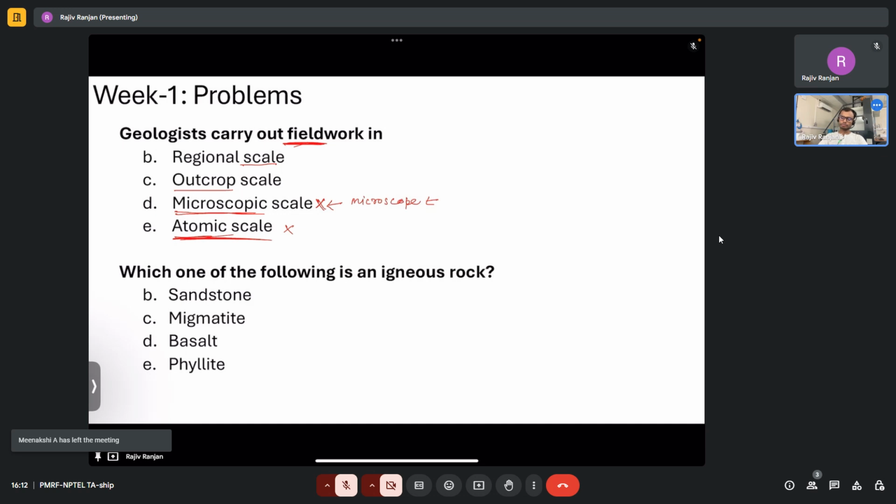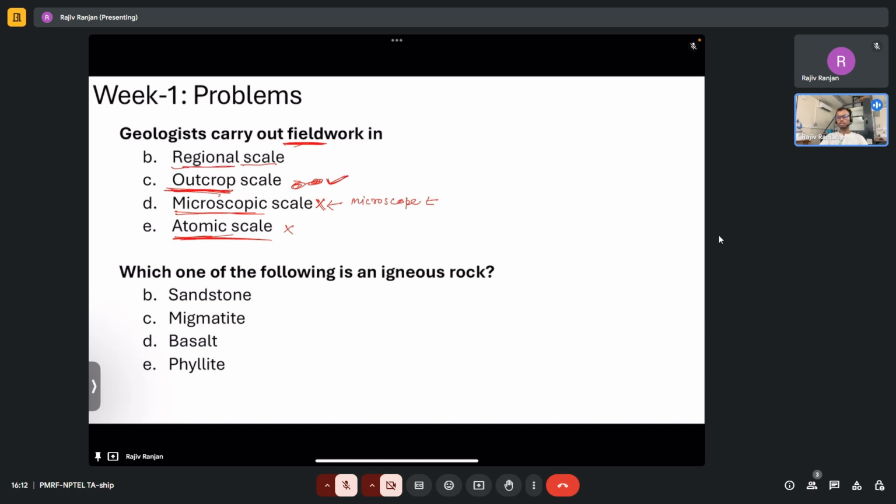Outcrop scale: when we go to the field, the first thing we try to see is whether any outcrop is visible, exposed somewhere. So we always look for outcrops in the field. So this seems to be the correct answer. Let me go to the first one, regional scale.